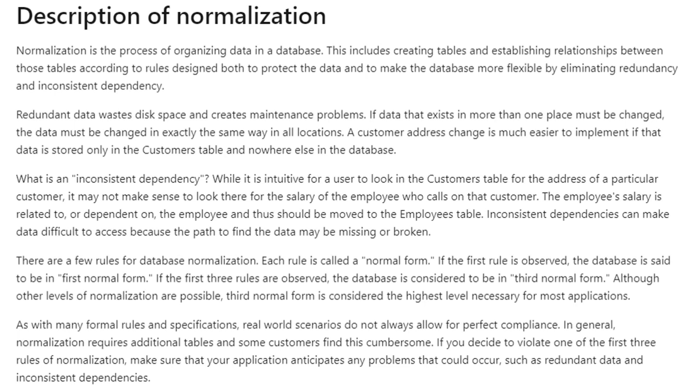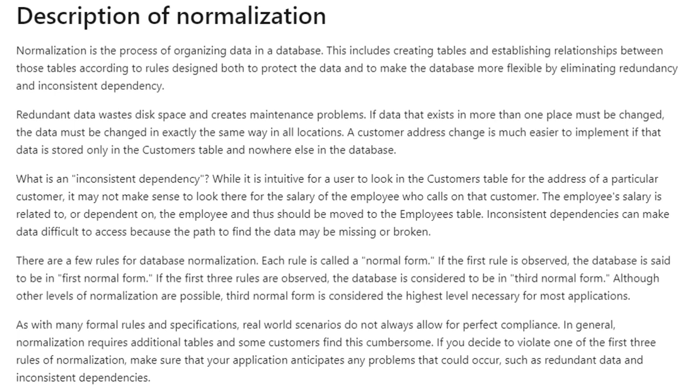What is an inconsistent dependency? While it is intuitive for a user to look in the customer's table for the address of a particular customer, it may not make sense to look there for the salary of the employee who calls on that customer.